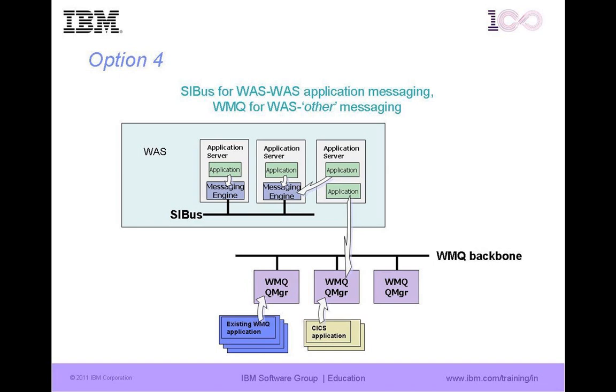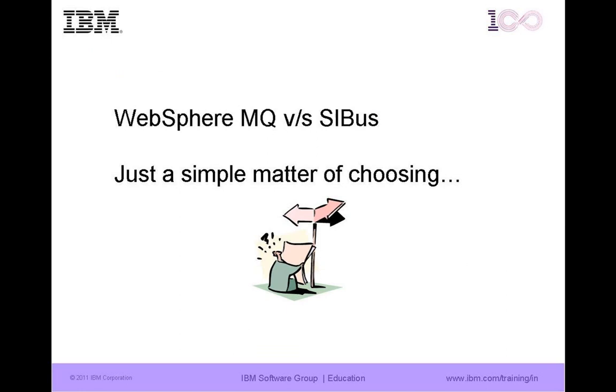A typical example is a message-driven bean that runs within the application server runtime. But in a situation where you have a cross-messaging requirement, that's when I go for using both together: SI-bus for intra-WAS and WebSphere MQ for inter-WAS messaging.